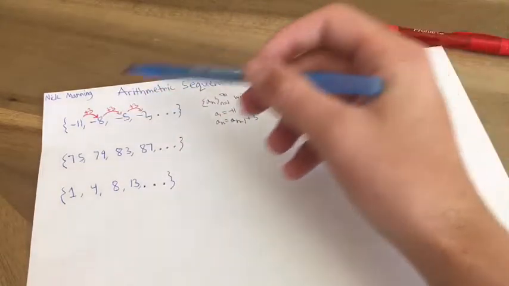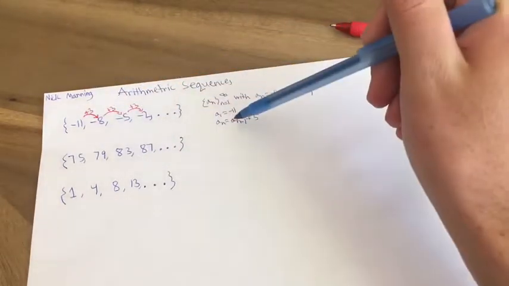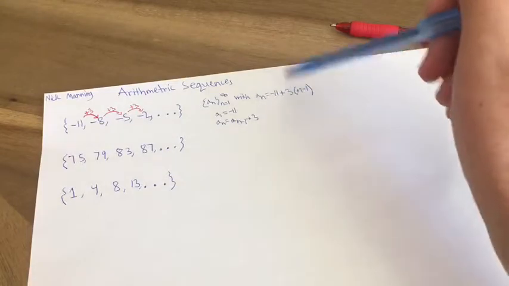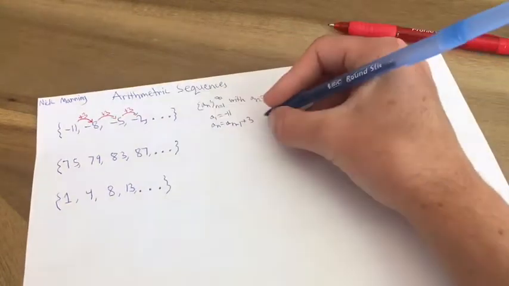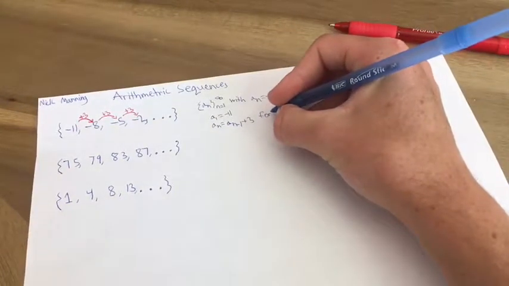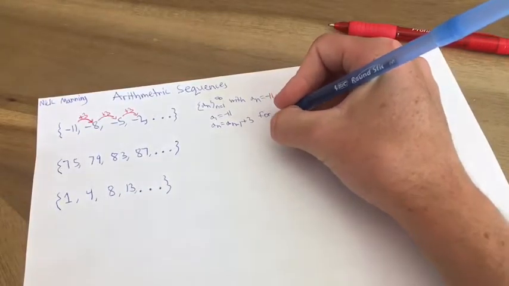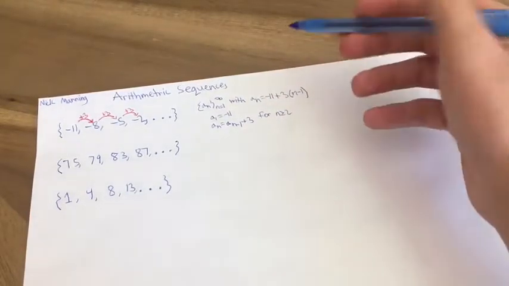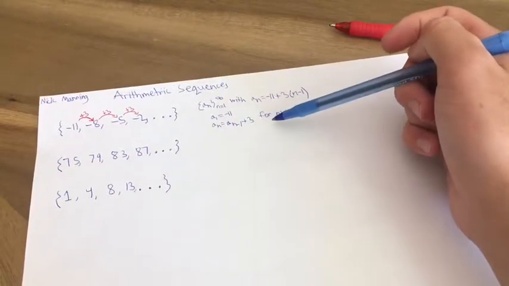That's because the number we're adding is 3, and it's still the same reasoning as before. And that's for n is greater than or equal to 2. So that is how we write it recursively.